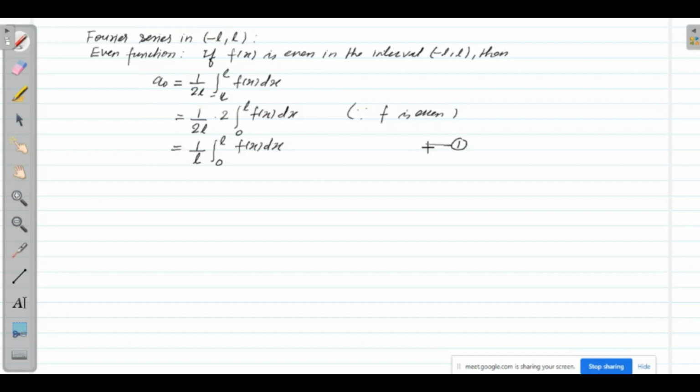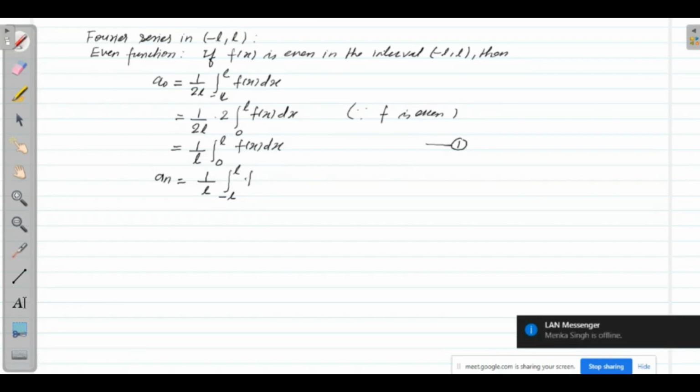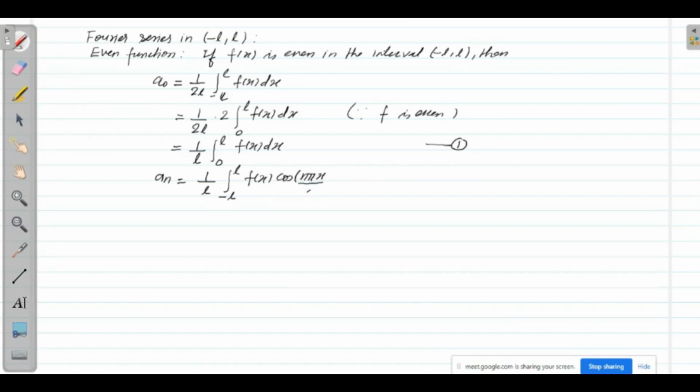Name this equation number 1. Similarly, the formula for an, then we'll come to bn. Your an will be 1 upon L integration of limit minus L to L f of x cos n pi x by L dx. Just apply the properties of definite integral.